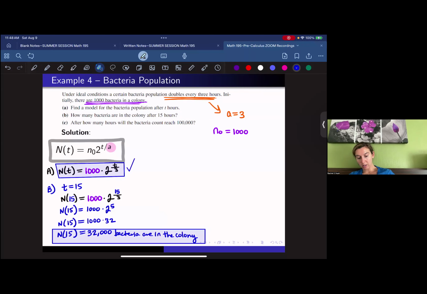And then finally, we have part C, which is asking us after how many hours will the bacteria count reach 100,000? And so now we're stating, okay, our N of t is equal to 100,000, and we want to find our t.